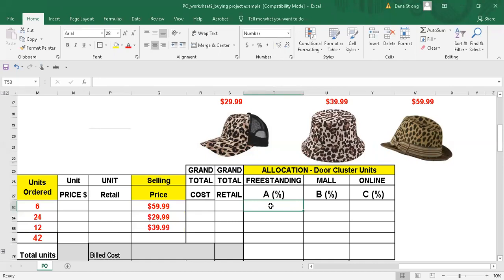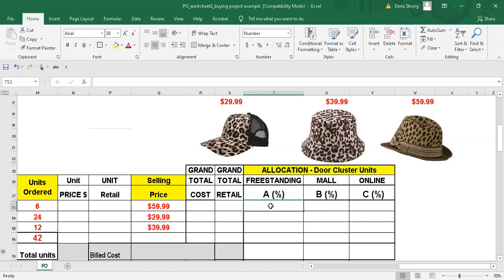Our B cluster is like a suburban conservative customer in the mall. This is our B customer. And then our C customer is the online boutique, the online store, and this customer likes more affordably priced merchandise, according to the store demographics.